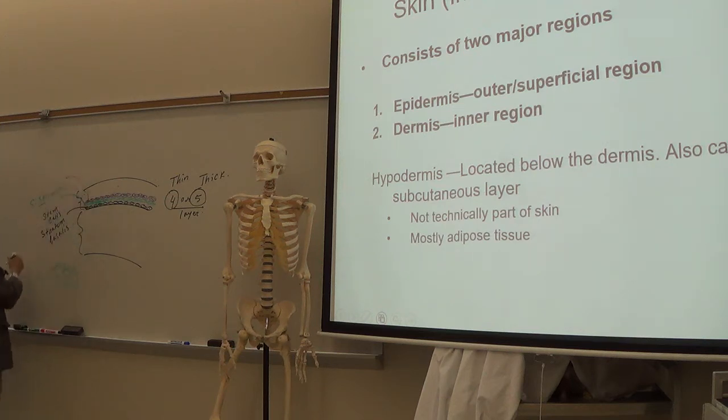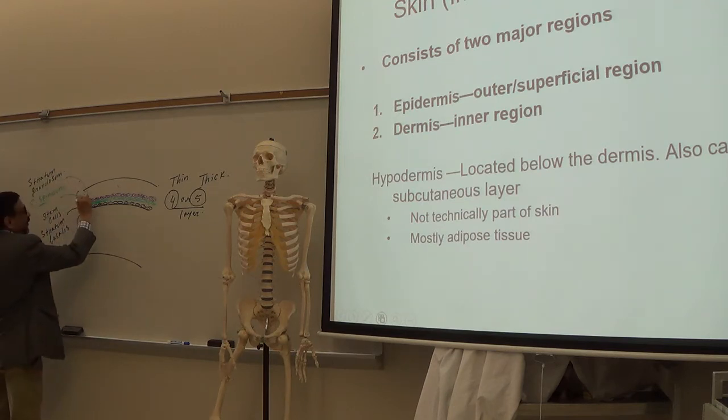Okay? Stratum granulosum. Makes sense, right? Granulosum. Lot of granules inside the cells. Then you have, so how many layers you got? 1, 2, 3, right? From inside to outside.